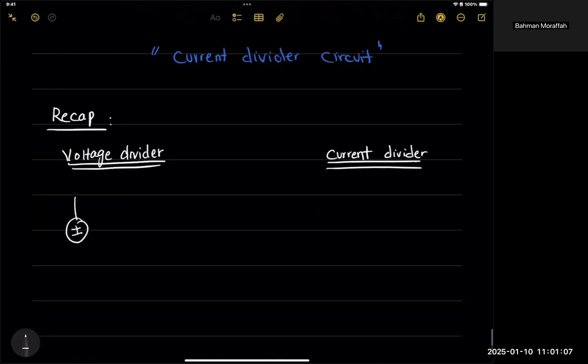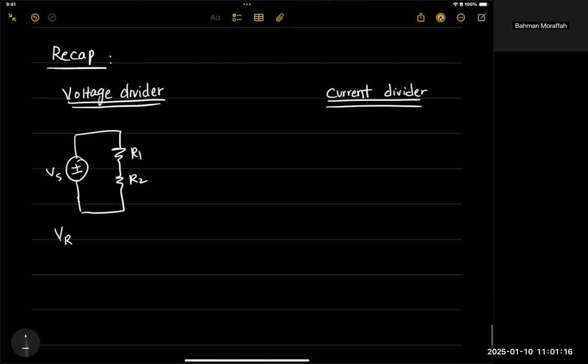If I have a voltage source in series with two resistors, just call them R1 and R2, we can find the voltage across R1 to be proportional to R1 divided by the whole thing times Vs. V across R2 is R2 divided by R1 plus R2 times Vs.